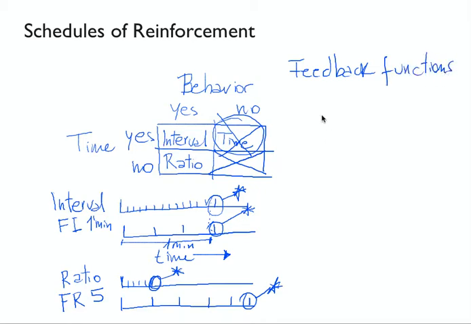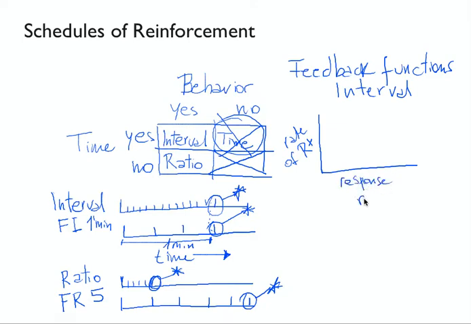What the feedback function for an interval schedule is, is a description of the schedule in terms of how rate of reinforcement, which I'm going to refer to as R plus, is related to response rate. So what happens when you respond faster? What happens when you respond slowly?